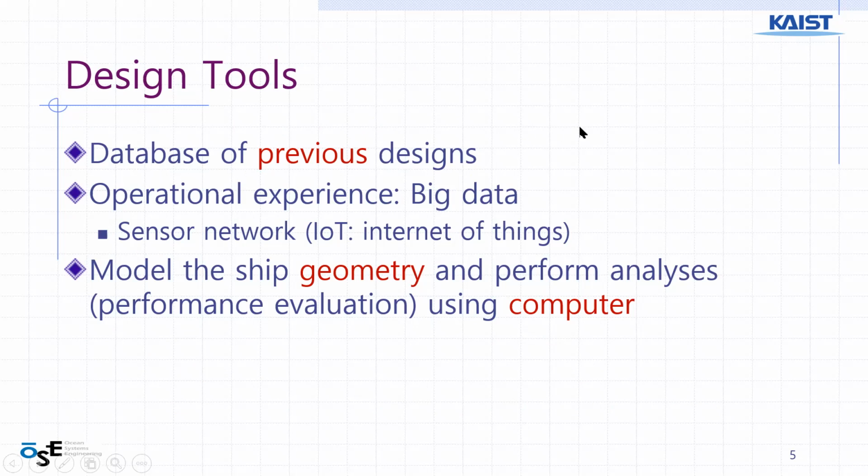Hyundai Shipbuilding Company started in 1972, so it is already 50 years of operation. Nowadays they build about 60 ships per year because it is a big shipbuilding company. 60 ships means about every week.